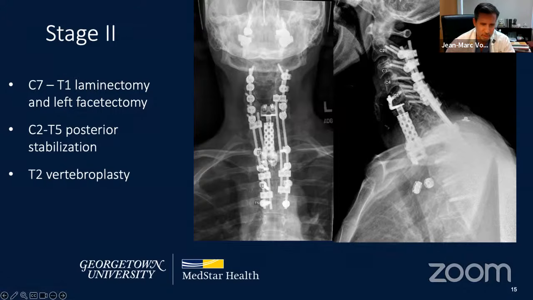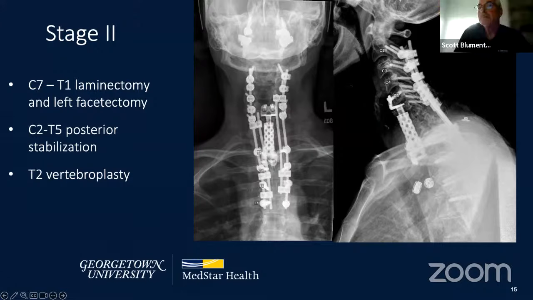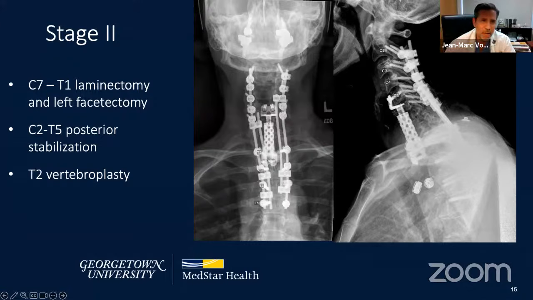So it seems like both approaches would be very reasonable here in terms of the chronology of it. Fahim, do you think that cage and plate construct could have increased the risk of it backing out?